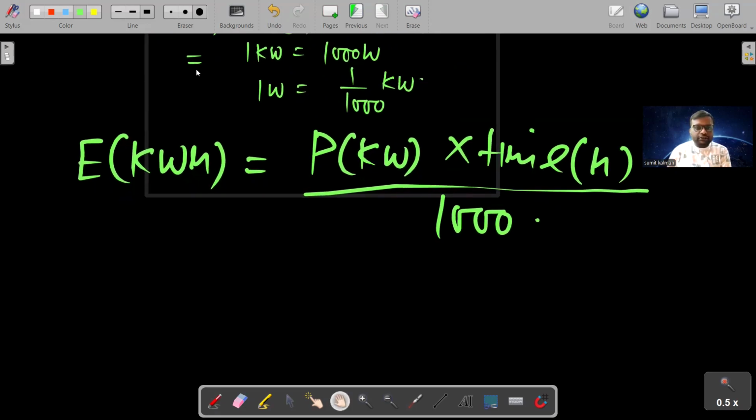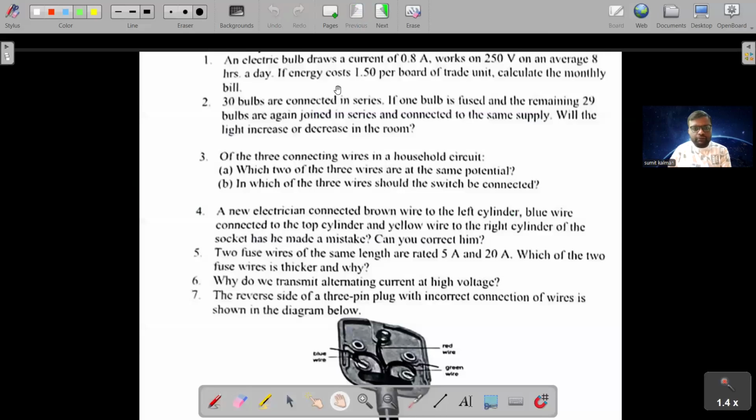So students, here current is in ampere and voltage is given. Power is equal to what? Voltage into current. So students, if we calculate from the units given in the question, you will get power in watt, and you have to convert into kilowatt, so you divide by 1000.